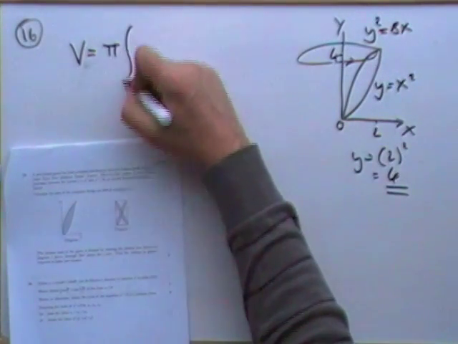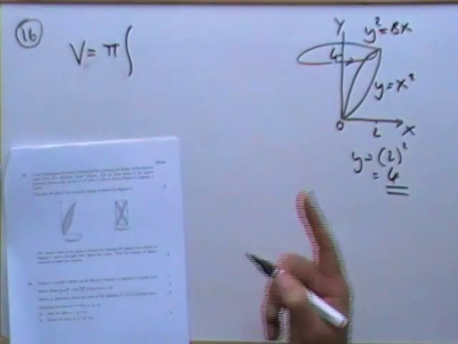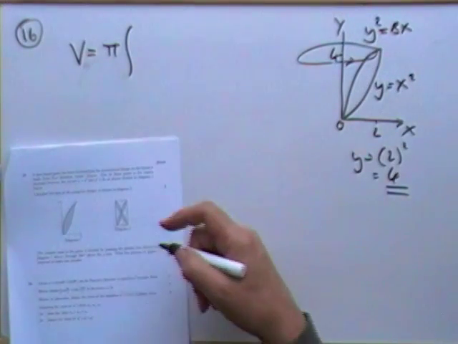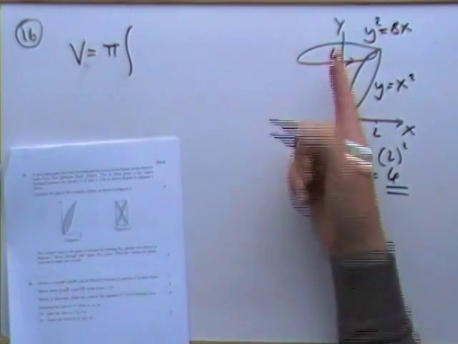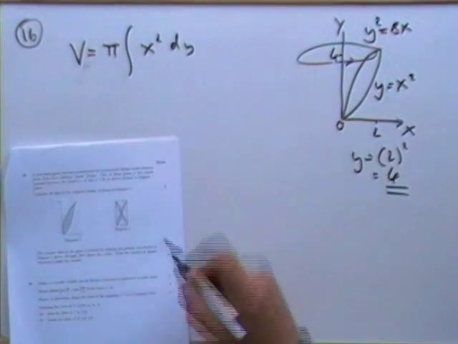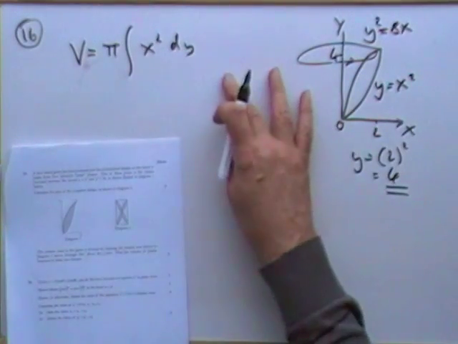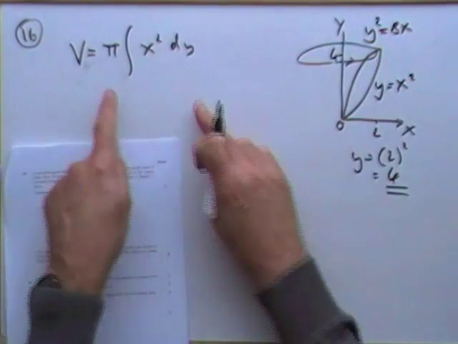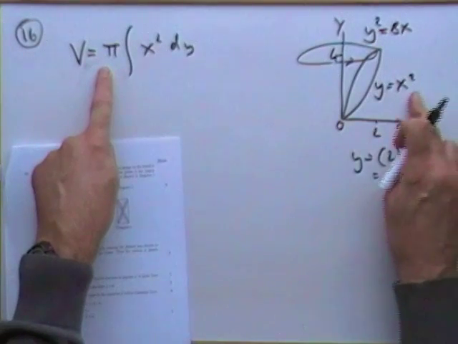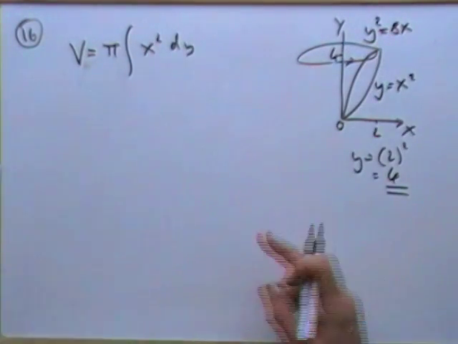It's going to be pi times r squared h, if you like, or dh, because I'm adding them all up. But I'm adding them up this way, so I'm going to want pi x squared dy for each of them. So I'm going to do a subtraction, but instead of doing 2 separate subtractions, pi and then that formula from 0 to 4, and then subtract pi and then that formula, I'll just do it in the one.